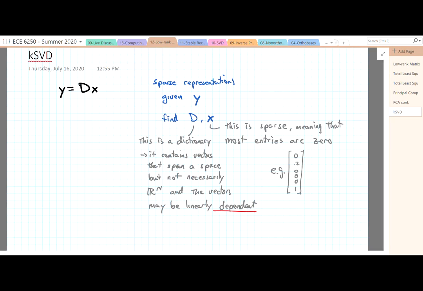Okay, so I guess for that to make sense, I should probably also note that D is R n by k. K is often called the dictionary size. And the elements, a common term for them is atoms, or dictionary elements.